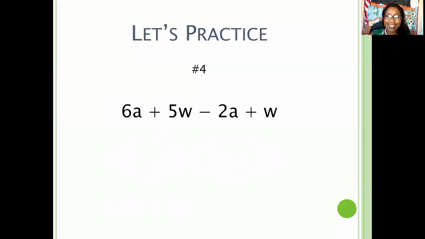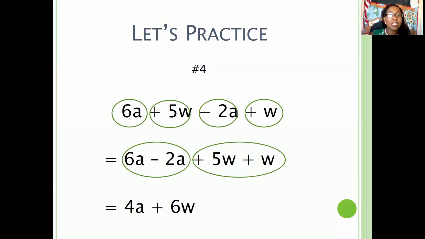All right, let's do this. Let's see how far you got. Did you see that there were 4 terms? If you did that, yes. Now, that was step 1. Step 2, did you collect those a terms together? So you have 6a minus 2a. If you did that, step 3, did you see those w terms?